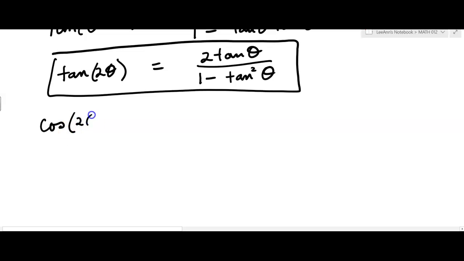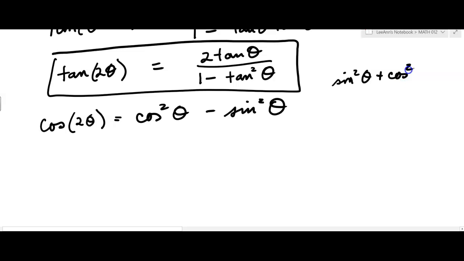So cosine 2 theta is equal to cosine squared theta minus sine squared theta. But we know some things about cosine squared theta and sine squared theta because of the Pythagorean identity that we have. We know sine squared theta plus cosine squared theta is equal to 1. We also know cosine squared theta is equal to 1 minus sine squared theta. Now, using that idea, we could replace the cosine squared.